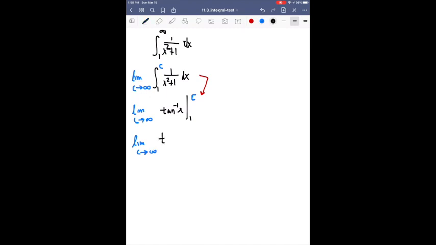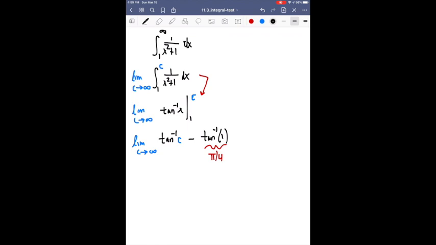Plugging in the bounds, we have the arctan of c minus the arctangent of the lower bound, which in this case is 1. And if you remember a lot of trig, the arctangent of 1 is pi over 4.